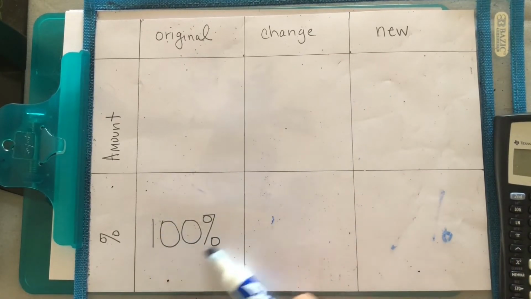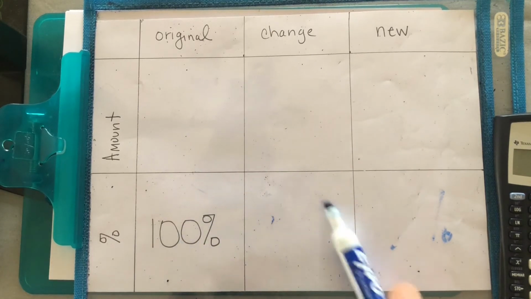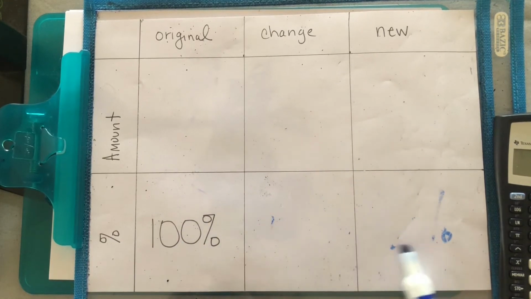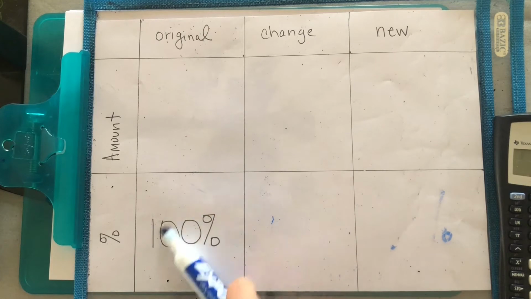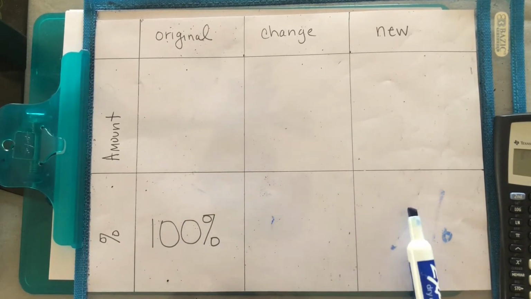And then our original is always 100%. And then we'll have some percent change and some new percent. And the original percent 100 plus or minus the change percent will give us the new percent. So anytime you're stuck on a percent question, you can use this grid to get yourself started.